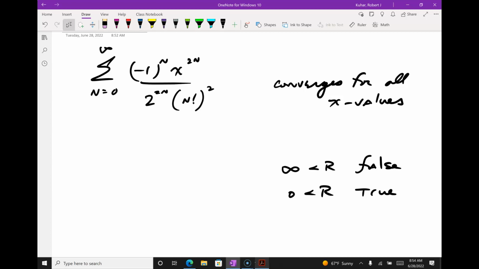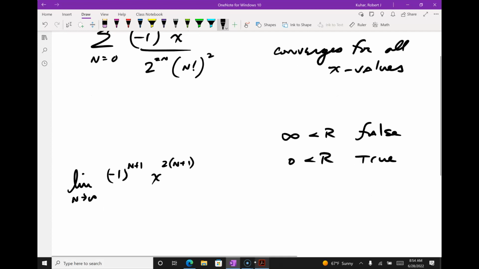So let's do our ratio test here. The limit as n goes to infinity of -1 to the n plus 1. Kind of silly for me to even put that in there because I know the absolute value is going to kill it anyway, but that's fine. 2 to the x to the 2 times n plus 1, 2 to the 2 times n plus 1, n plus 1 factorial squared.